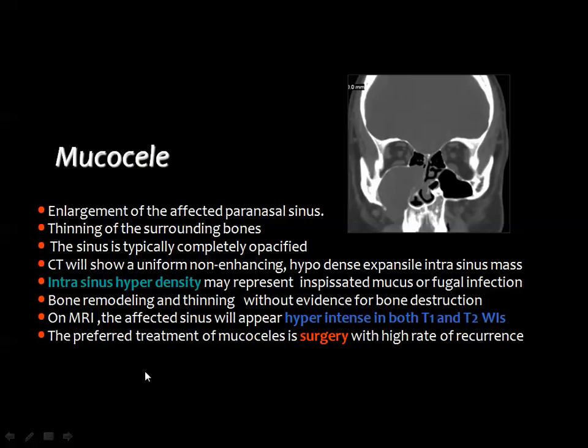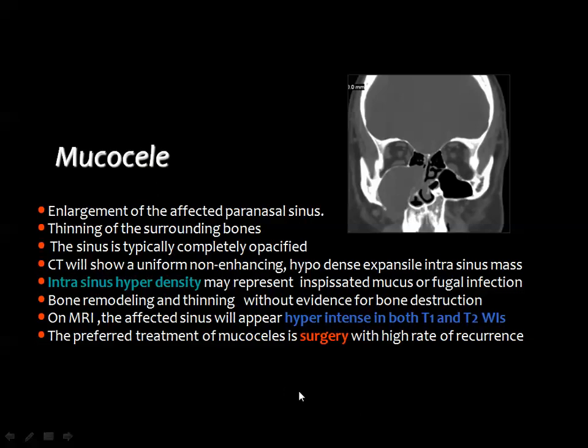The contents of a sinus involved by a mucocele are usually of fluid density and fluid signal intensity. If you inject contrast material, the lesion will show marginal enhancement, and this is very important to differentiate mucoceles from other lesions that may expand and destroy the sinuses.